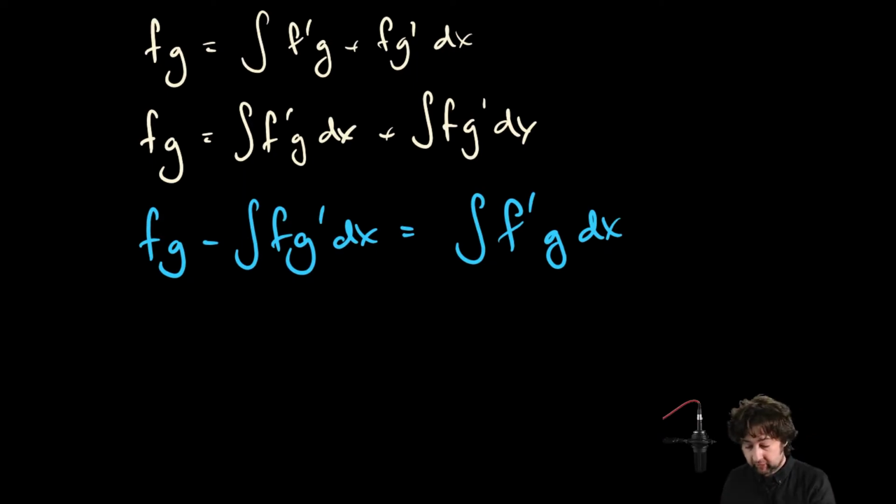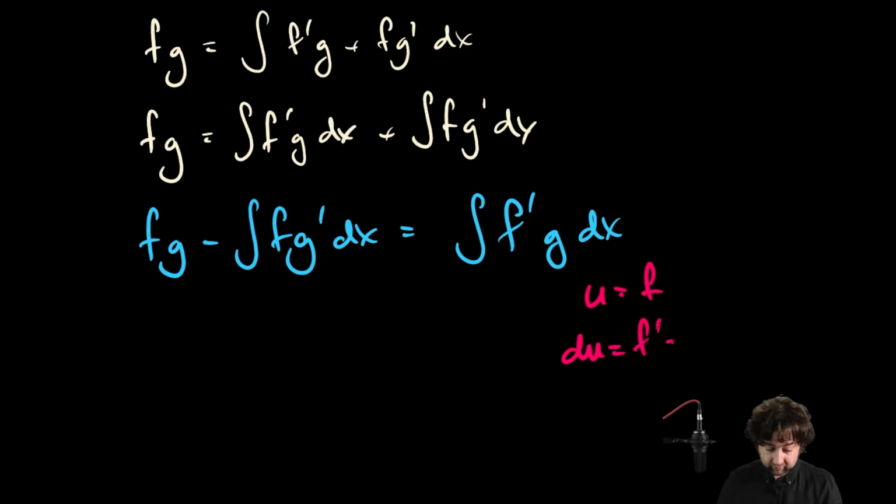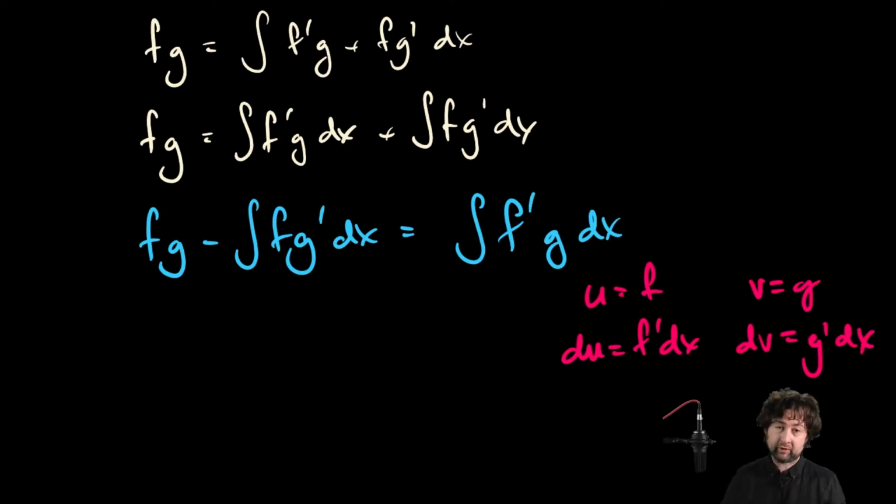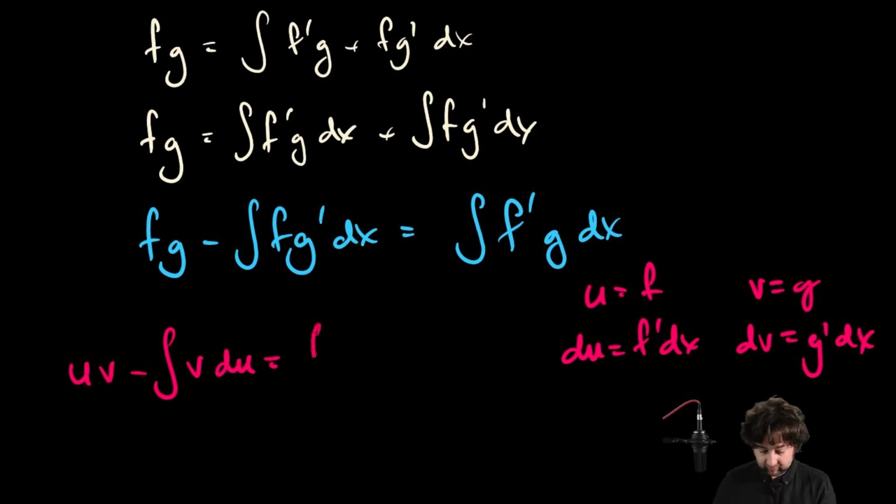A more typical notation here is to let u be equal to f, and then its differential du is equal to f prime dx, and v be equal to g, and its differential form is dv is equal to g prime dx. And with those substitutions, what you end up with is the integration by parts equation: uv minus the integral of v du is equal to the integral of u dv.